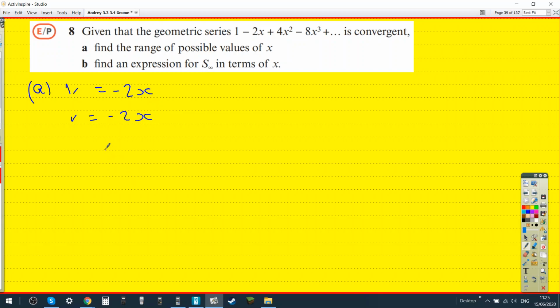And so I then need to do minus 2x times minus 2x equals 4x squared.